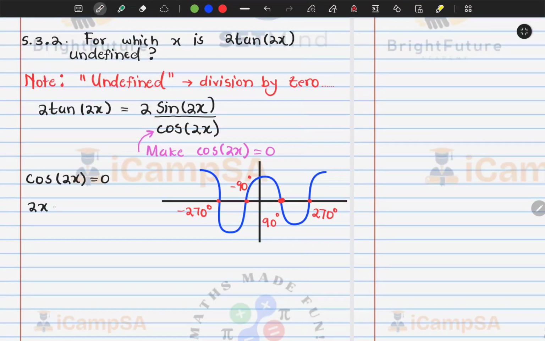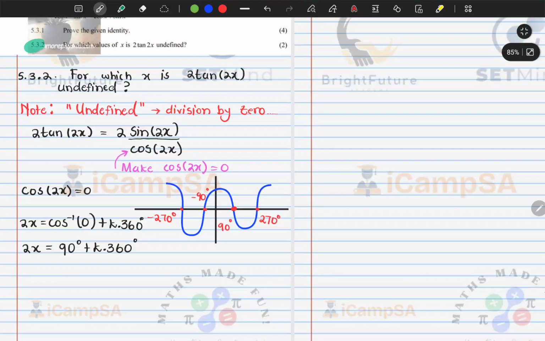So you'll see that your 2x will simply be the inverse cosine of 0 plus k times 360 degrees. We will use a reference angle of 90. We can use minus 90, it doesn't matter. So 2x will be 90 plus k 360. Then we can divide by 2.